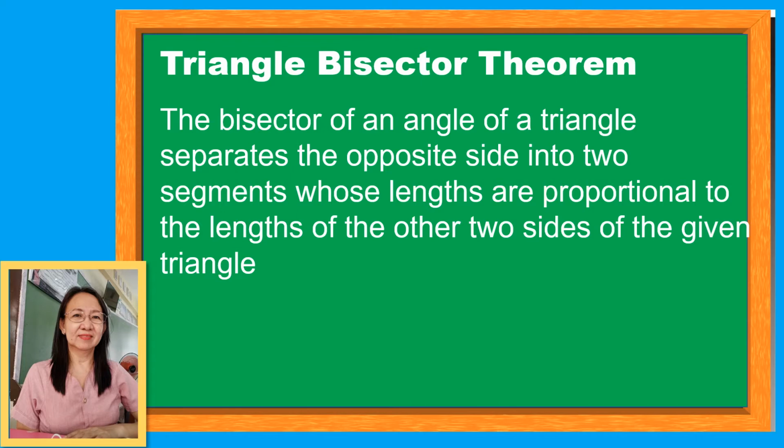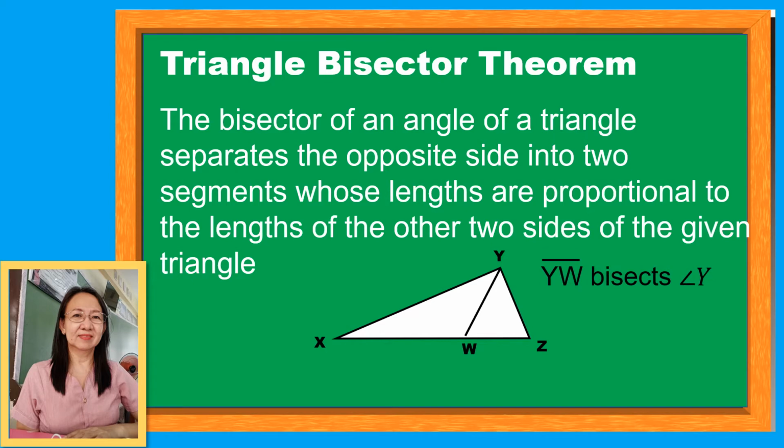So to easily illustrate this, let us have our figure of triangle XYZ. Now let us draw YW, and this YW bisects angle Y. So we can say that angles XYW and ZYW are congruent angles.